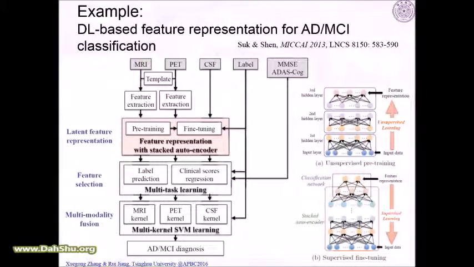And this is the structure of their autoencoder. It's a similar thing. From the original, they can get multiple layers of information representation. And they use unsupervised training and then supervised fine-tuning.